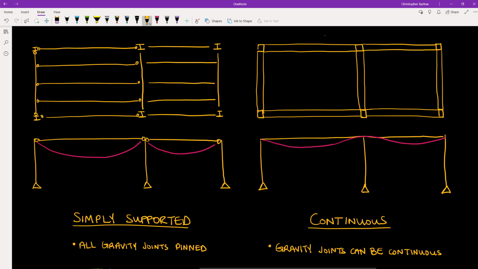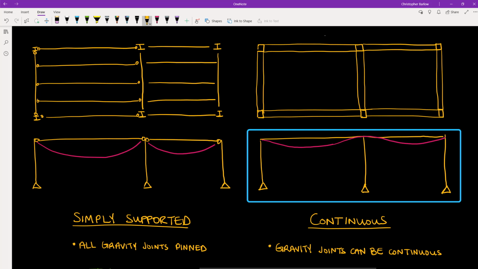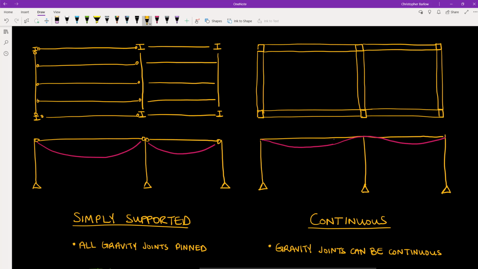With concrete, however, since it's placed monolithically, we can have continuous members across supports. And so the deflected shape will look more like this. And what that means is that there will be less positive demand moment on these beams.